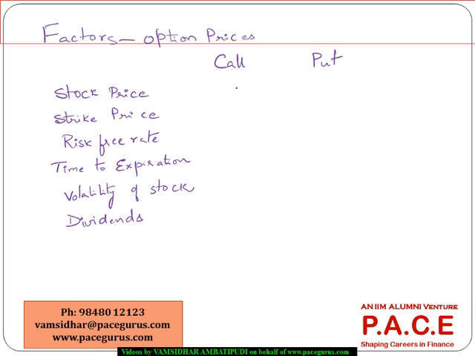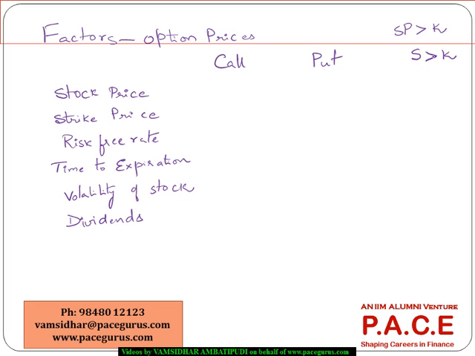Now let's go step by step. We know in the case of a call option, the gain is going to be much higher. The party with a call option is going to exercise the option if the stock price is greater than the exercise price, or the strike price.